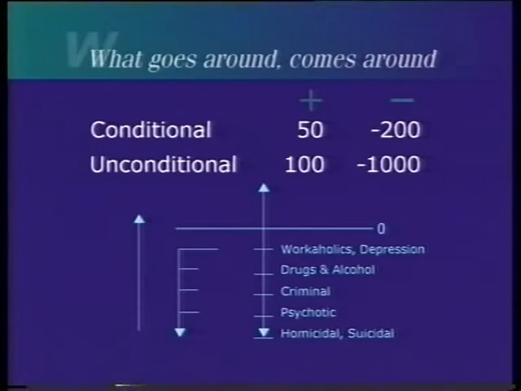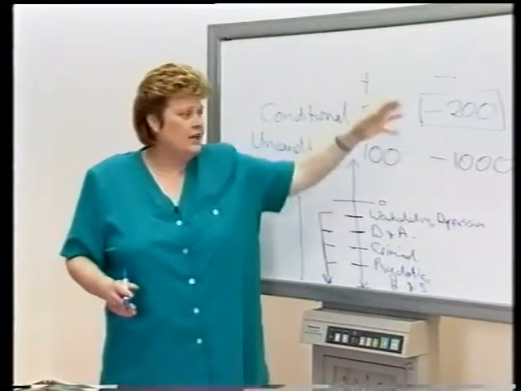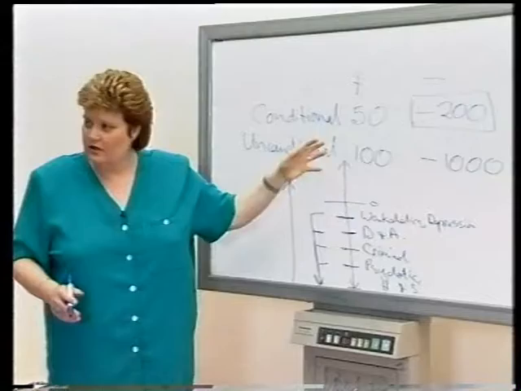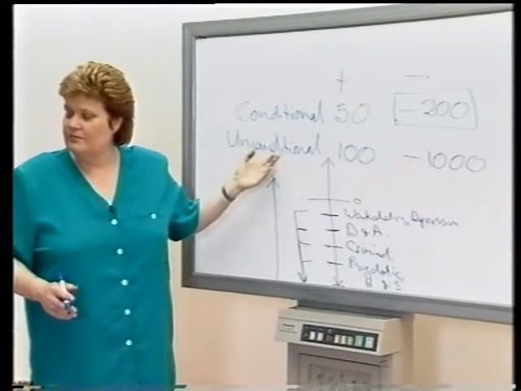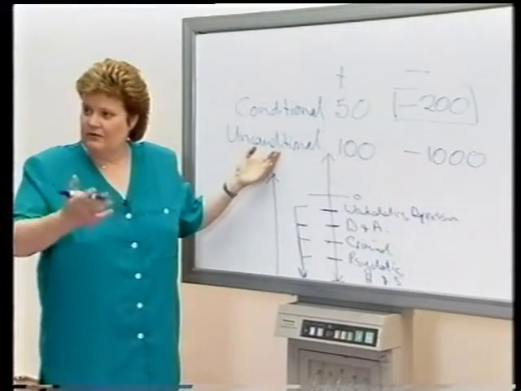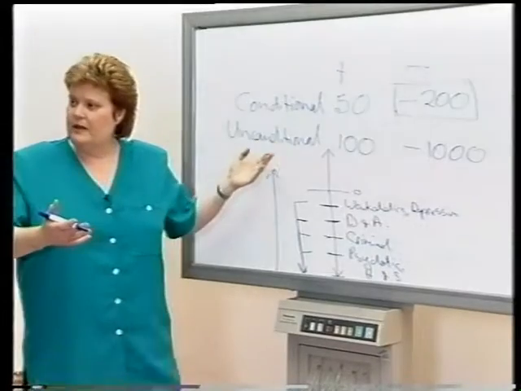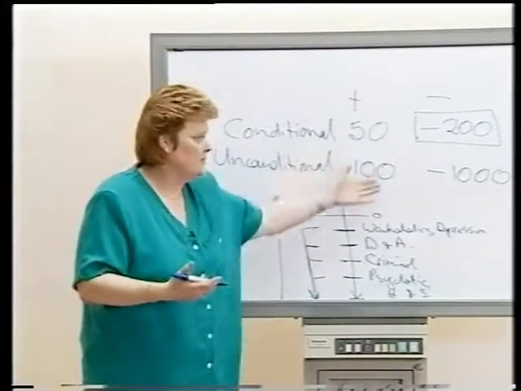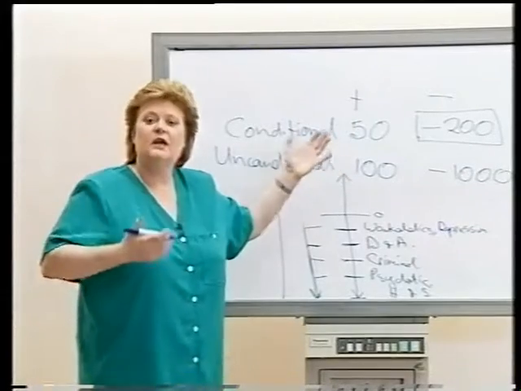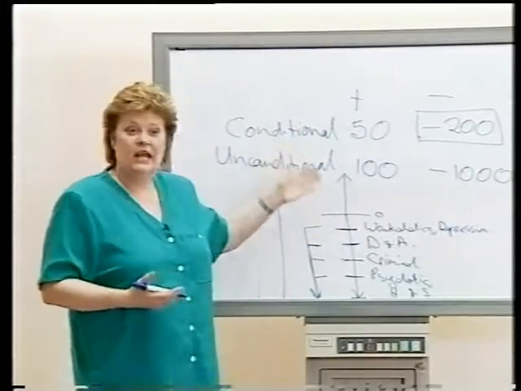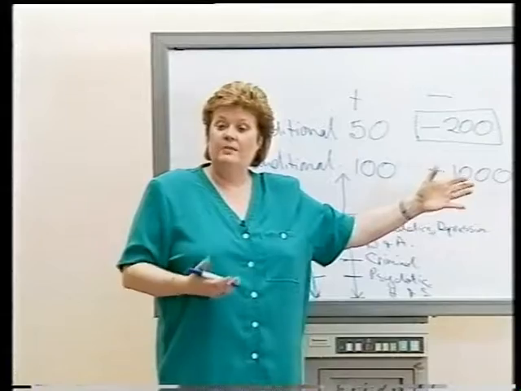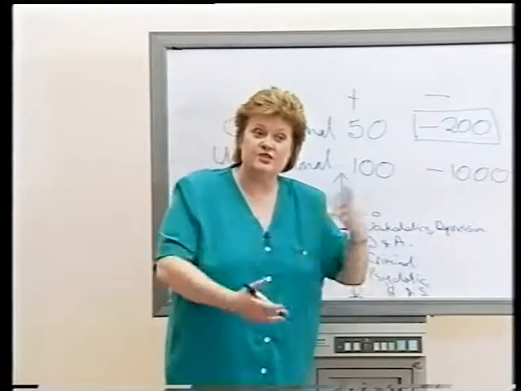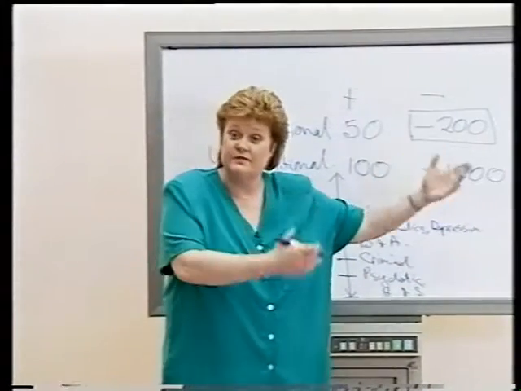So obviously the younger you start changing this, the quicker you can bring the bank balance back above naught. So people in their teens and children can change their self-esteem and these early dysfunctional messages much quicker than can adults. People in their 20s and 30s can change this much quicker than people in their 40s and 50s.